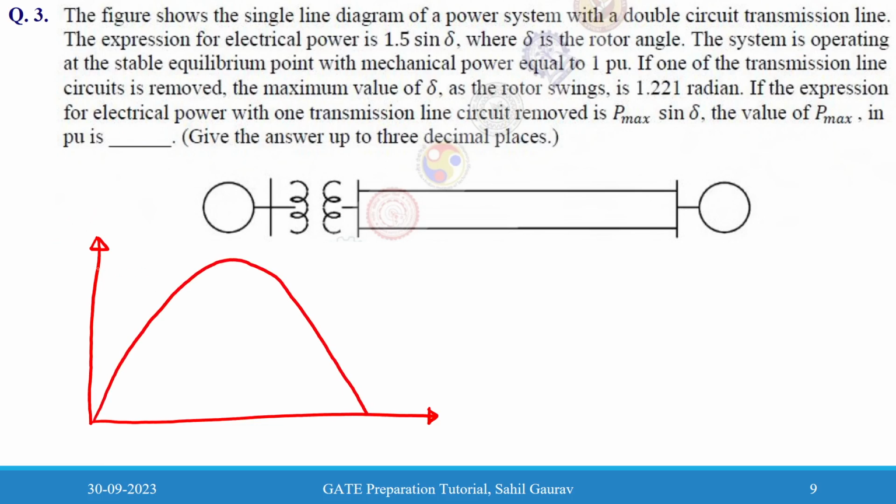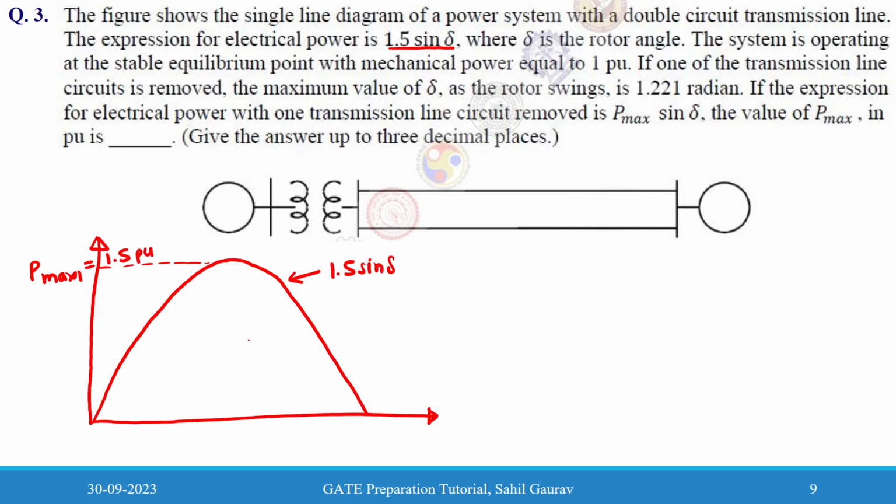This is P max 1, and the expression for electrical power is 1.5 sine delta. So P max 1 will be 1.5 per unit.